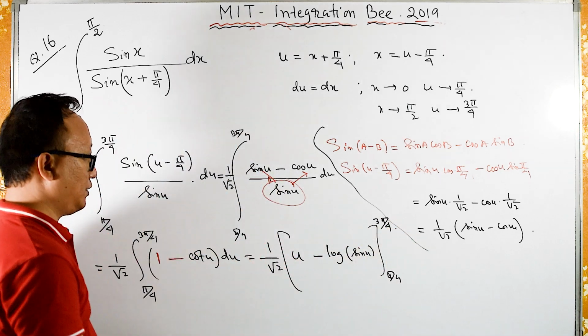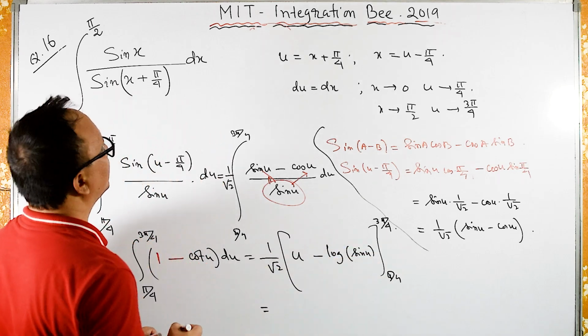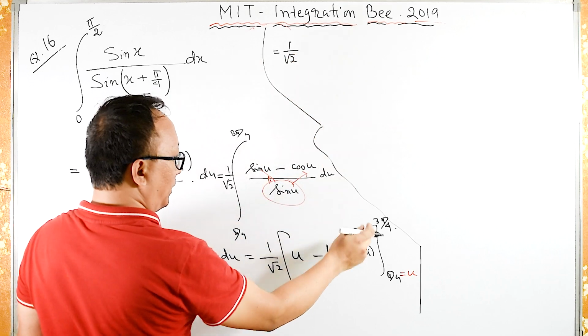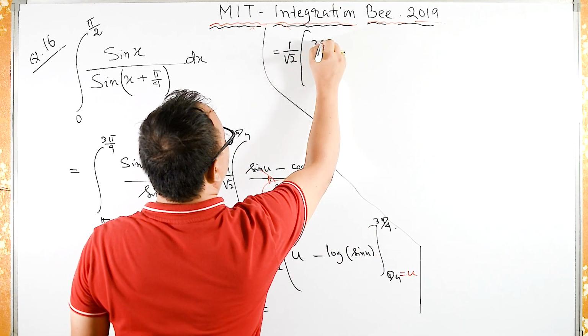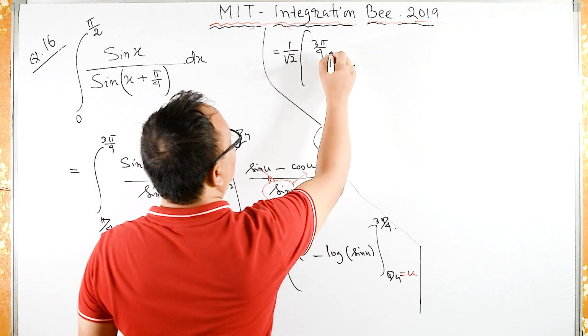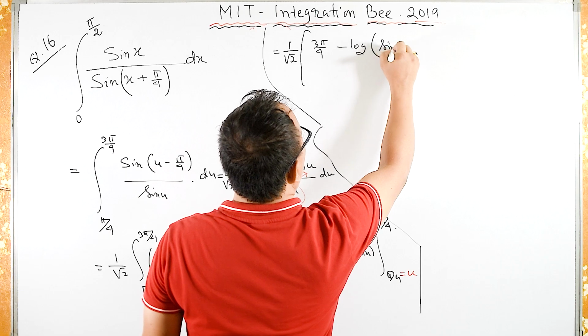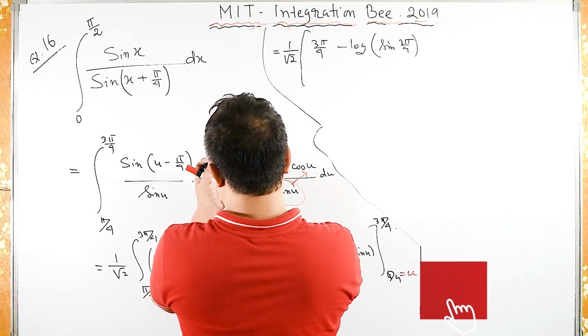Okay. So upper limit minus lower limit is equal to 1 by root 2 times. Upper limit means 3 pi by 4 minus log of sine of 3 pi by 4. This is the upper limit. Okay.